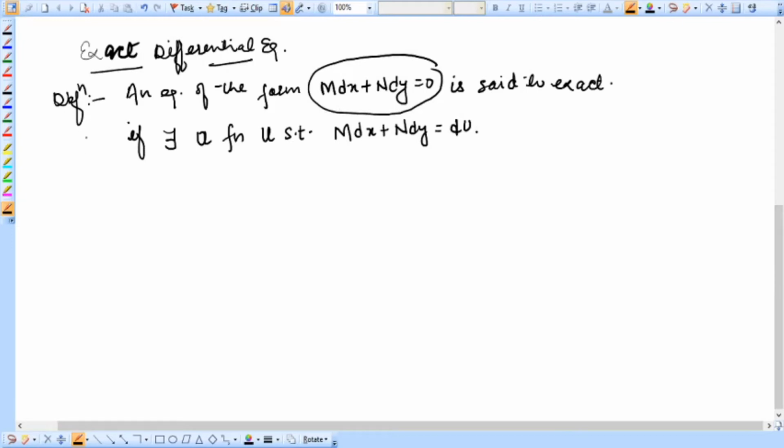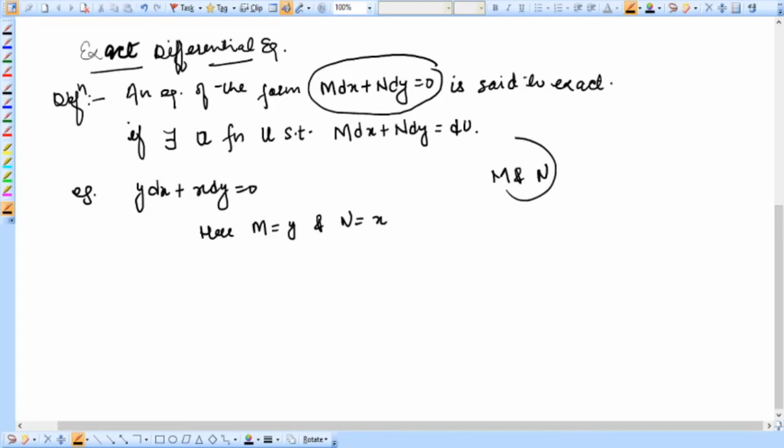For example, let us take the equation y dx plus x dy equal to 0. See here students, M is equal to y and N is equal to x; M and N are functions of x and y.